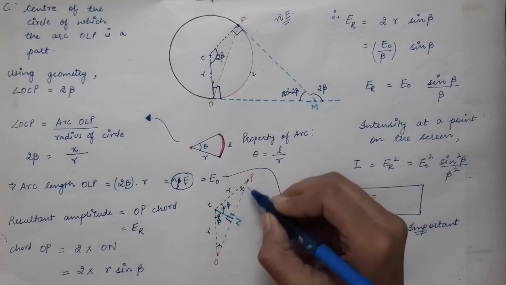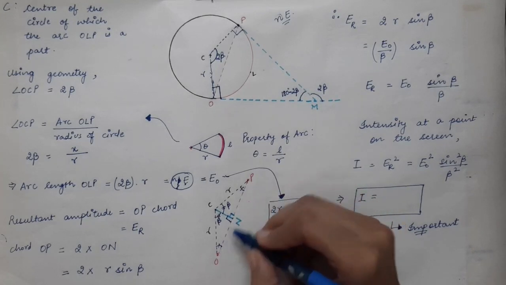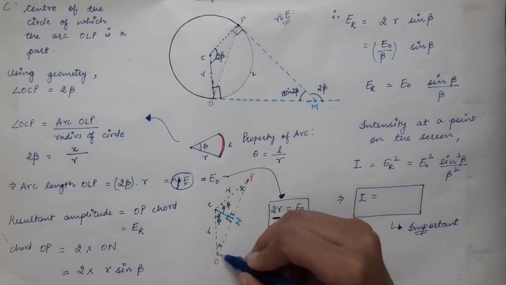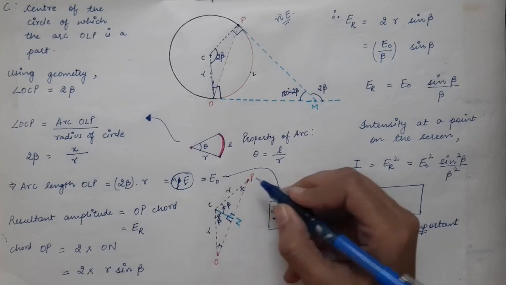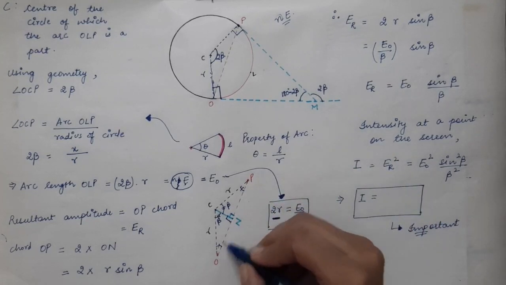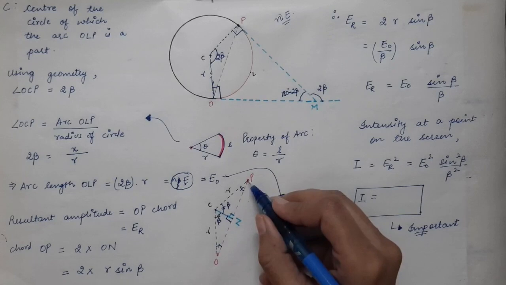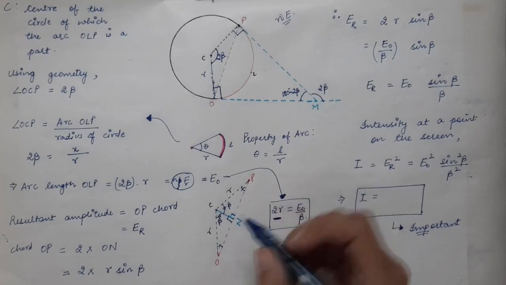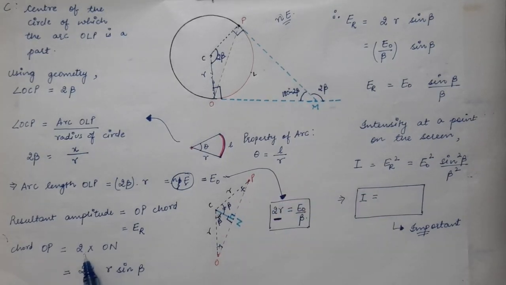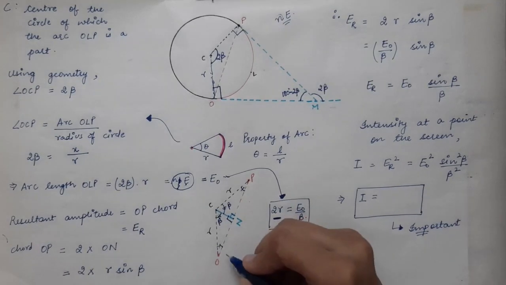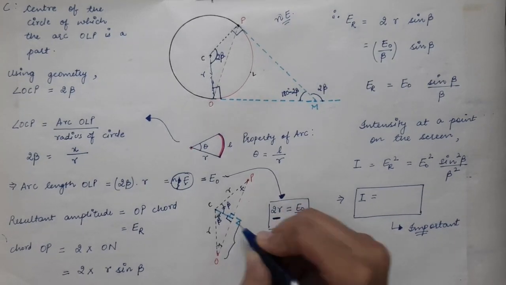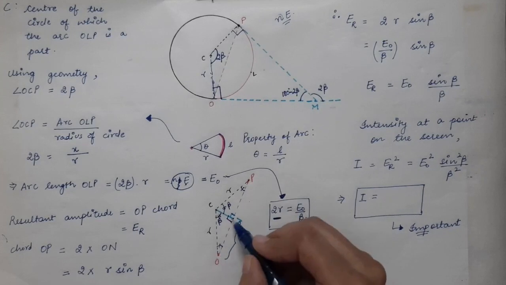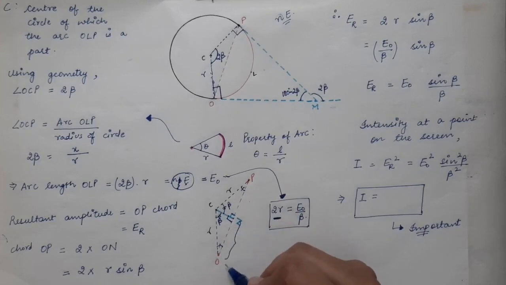So to find length OP, first of all we had divided OP length into two equal parts, means ON is equal to NP. So if you find ON, you can find OP. So OP will be equal to twice of ON. So now we are just going to find ON length, using the properties of the triangle.